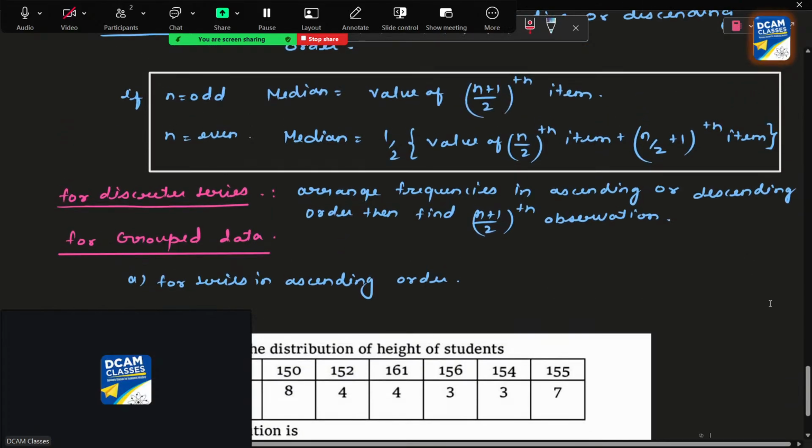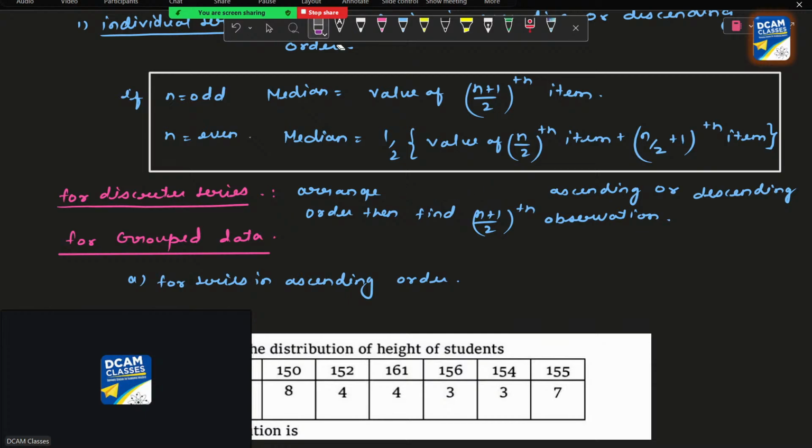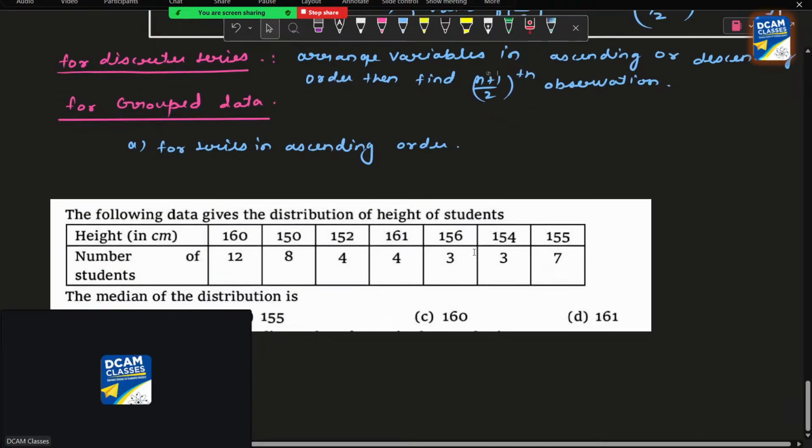I wrote one thing. It's sounding different. Change frequencies. Arrange variables in ascending or descending order. Then find n plus 1 by 2. Now it's correct.